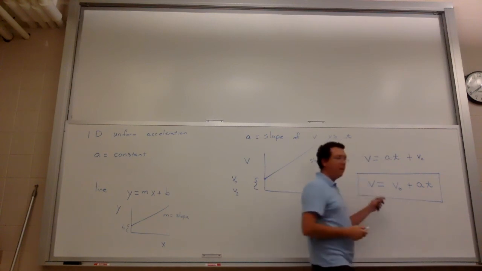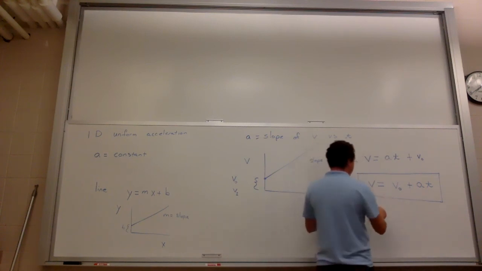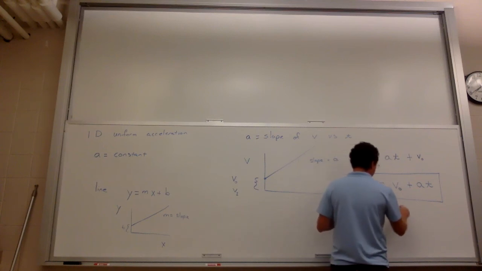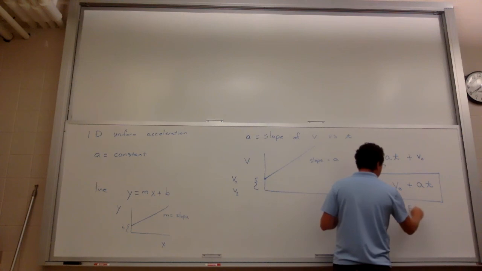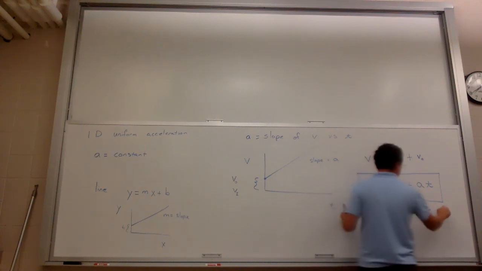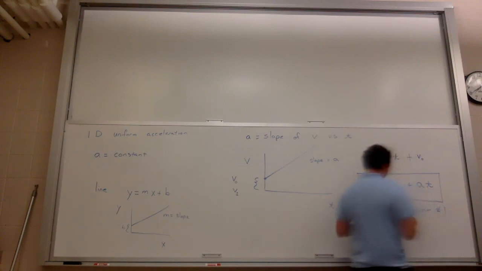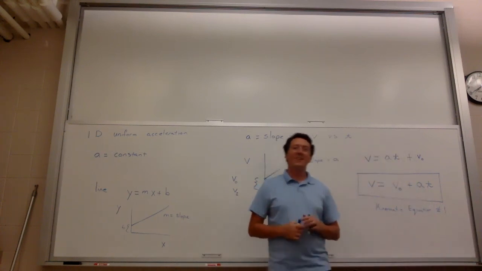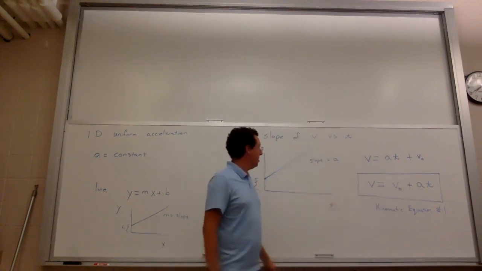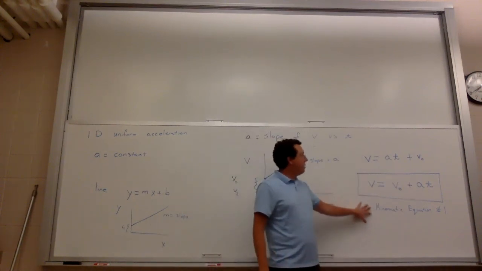And that's going to be a big equation for us. So I'm going to call this kinematic equation number 1. I could call it something else, Bob or Fred, but no one would remember that.